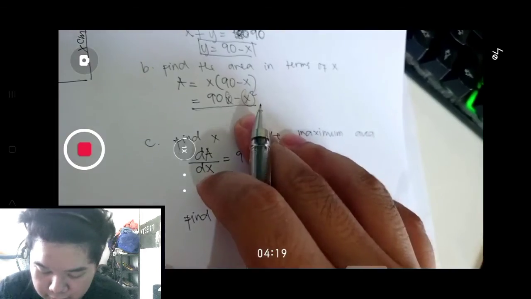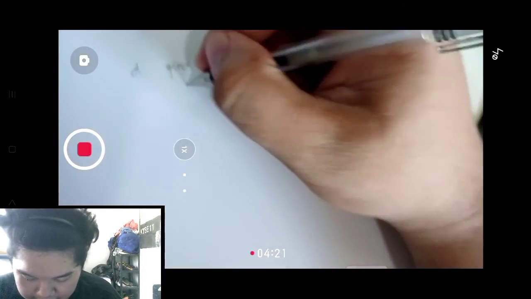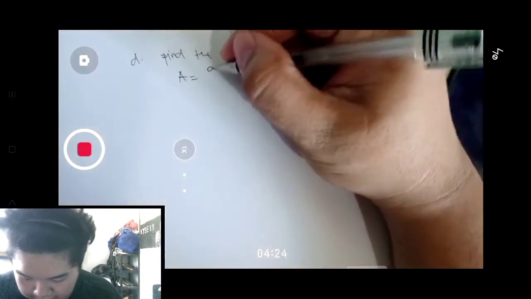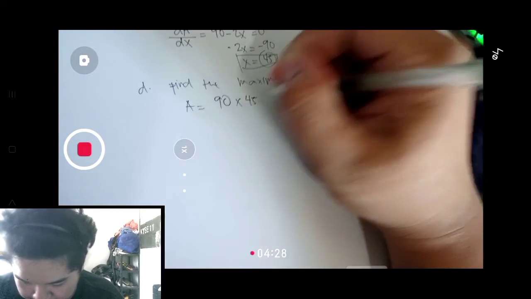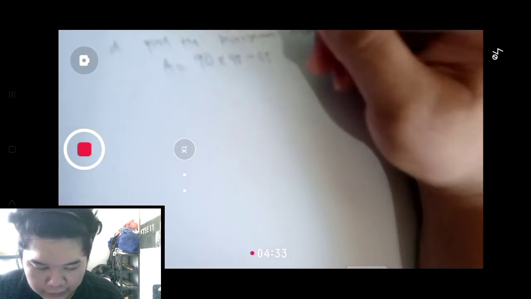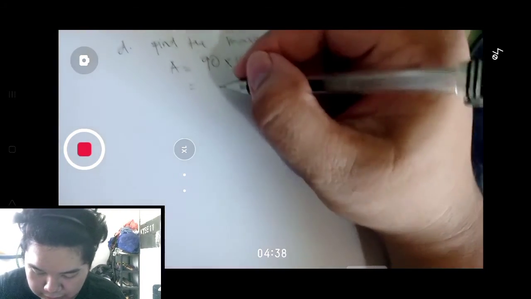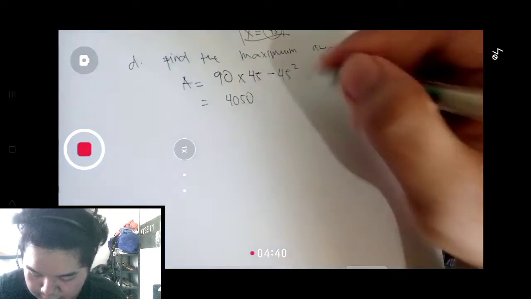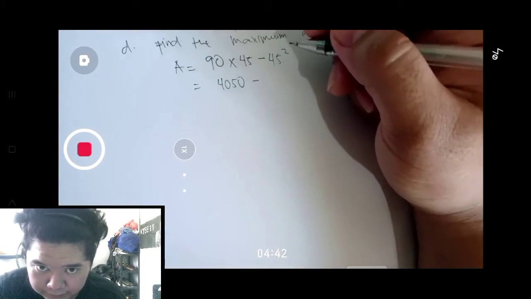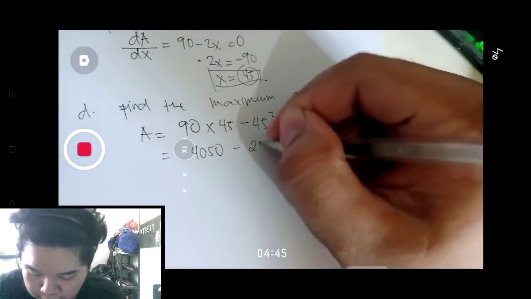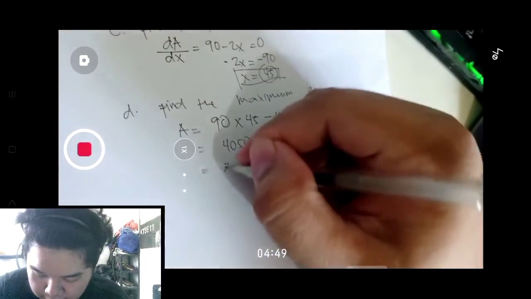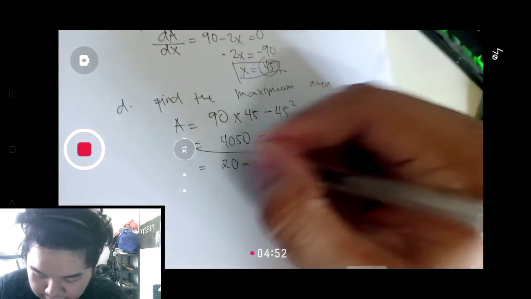So the area is 90 times 45 minus 45 squared. 90 times 45 is equals to 4050 minus 45 squared, 2025, then minus natin silang dalawa, 2025.